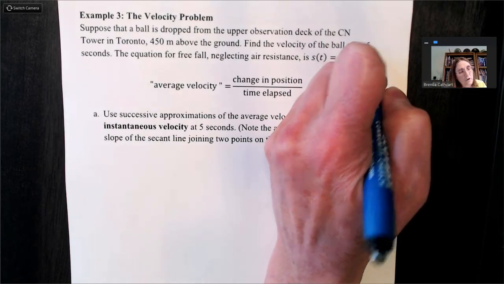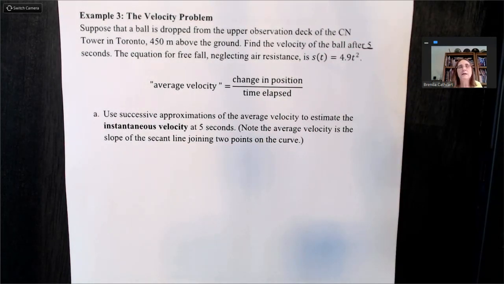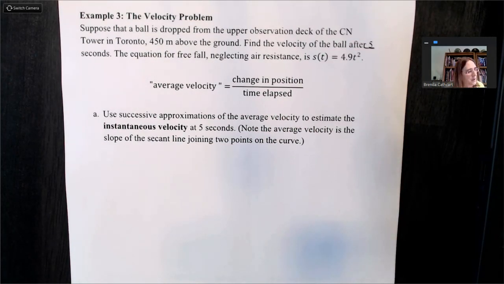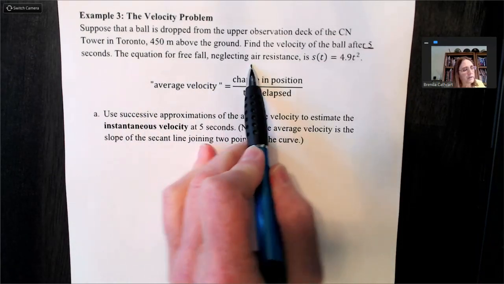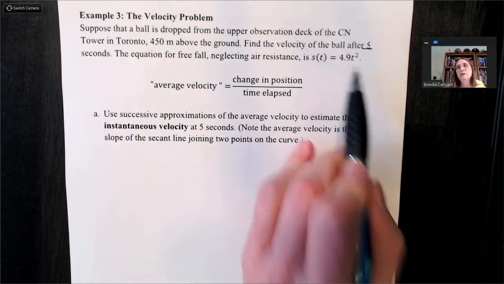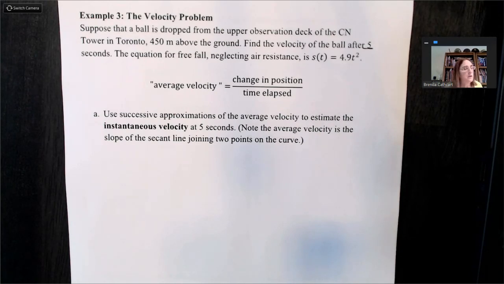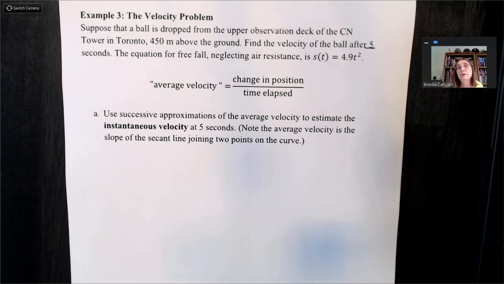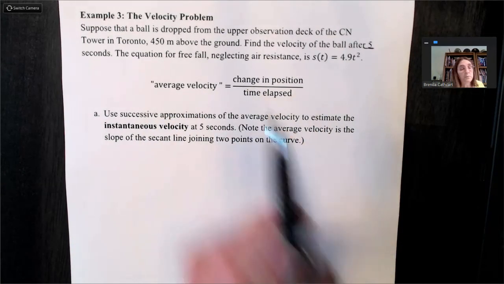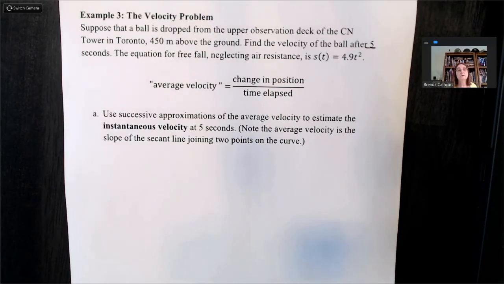So we want to know what happens at exactly 5 seconds. The equation for free fall, neglecting air resistance, is S of t equals 4.9 t squared. And of course, average velocity is defined as the change in position divided by the time elapsed.